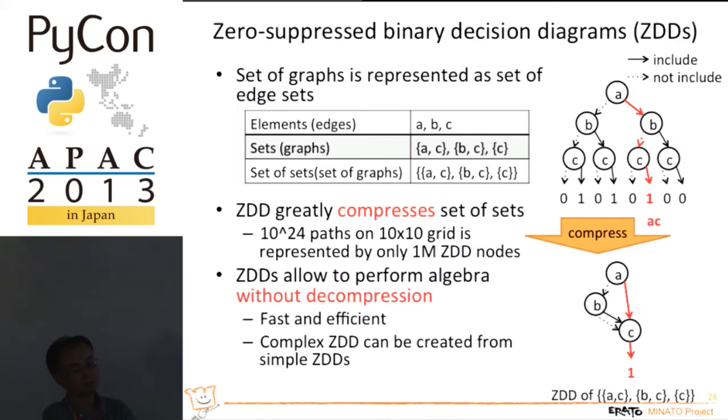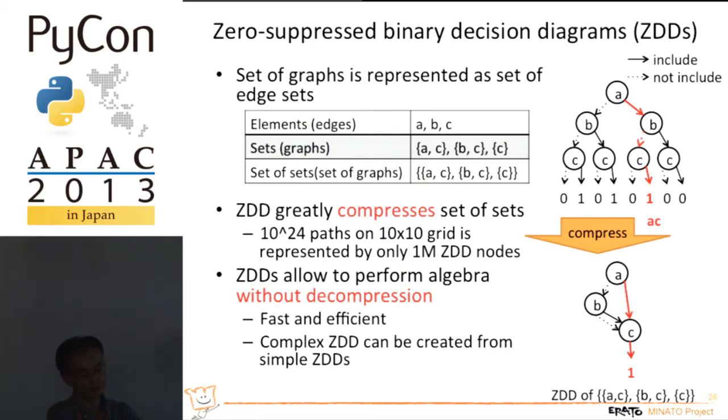I'll describe the compressed data structure, which is used to represent a set of graphs. We use a data structure named zero-suppressed binary decision diagrams, or simply ZDD. A ZDD was originally developed to represent a set of simple sets. A set of sets, not a graph.